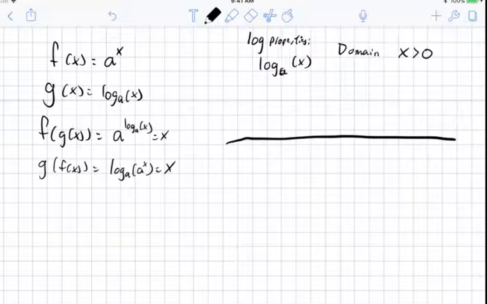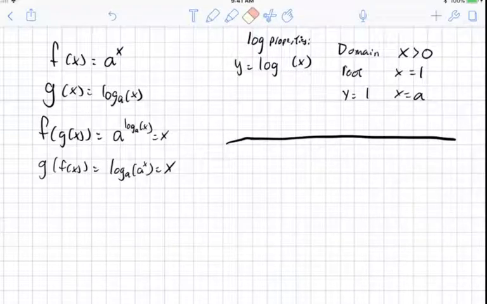And it has a root when x is equal to 1. Okay. You know those are true. And also, y is equal to 1 when x is equal to a. Same number as the base. We talked about these as generic properties of how logarithms work.